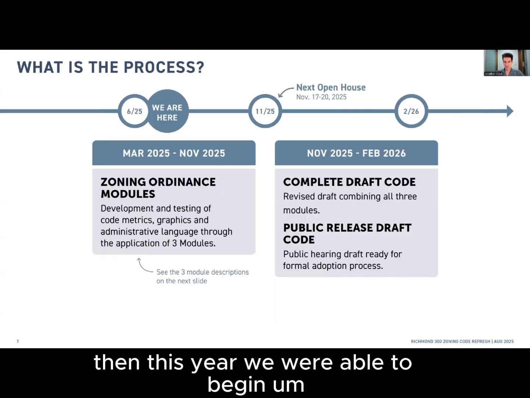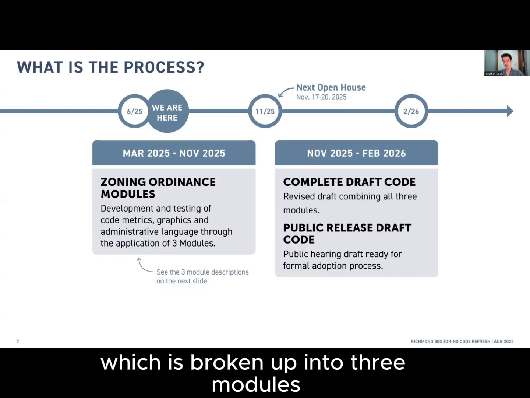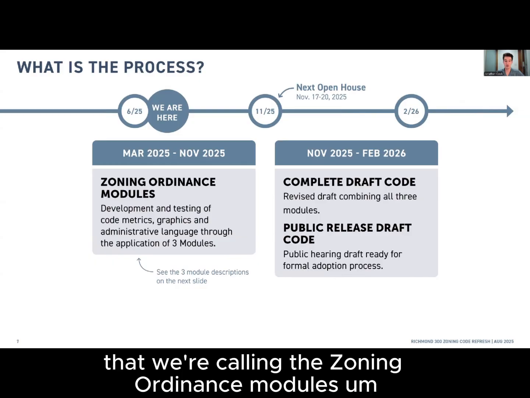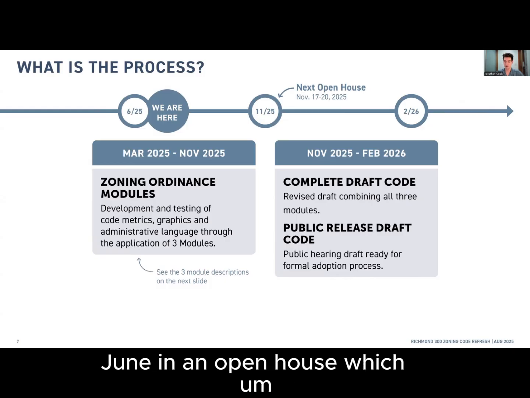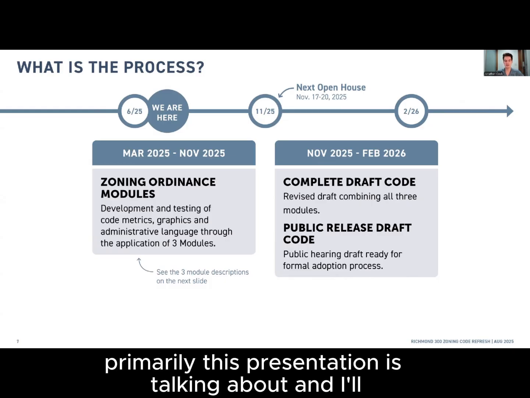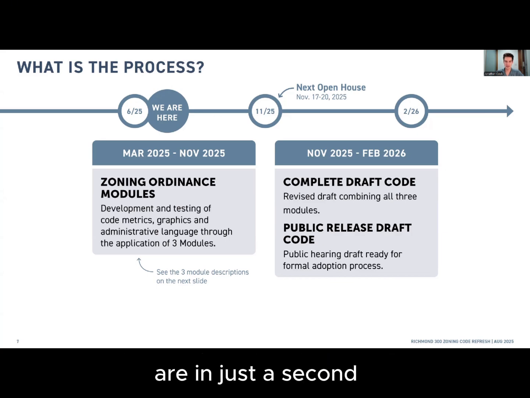Then this year, we were able to begin the process of drafting the actual code, which is broken up into 3 modules that we're calling the zoning ordinance modules. The first of these were presented in June in an open house, which primarily this presentation is talking about. I'll describe what the 3 modules are in just a second.